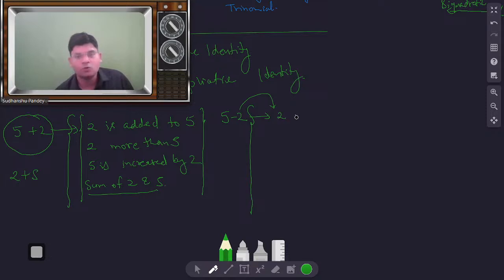So we will write 2 is subtracted from 5. Then we can say 2 less than 5, 5 is lessened by 2, 5 is decreased by 2.